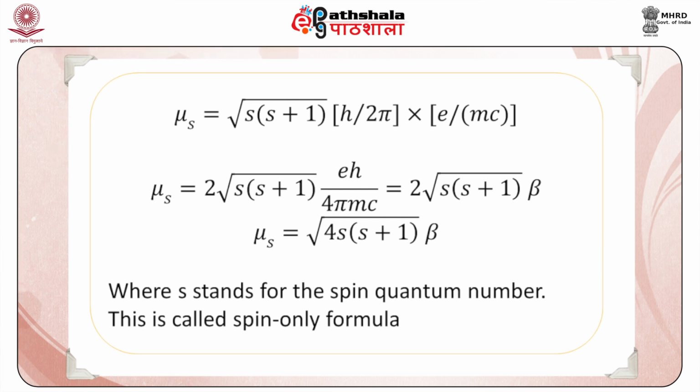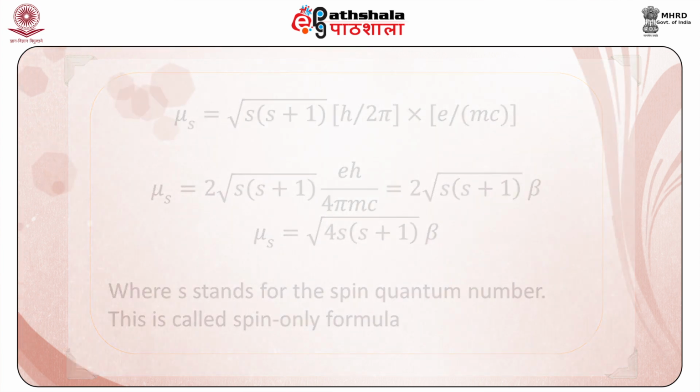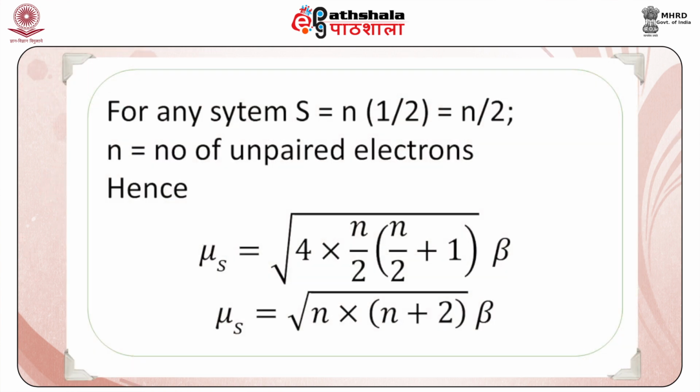This is called the spin only formula. For any system, s is equal to n into 1 by 2, which is n by 2, where n is the number of unpaired electrons.